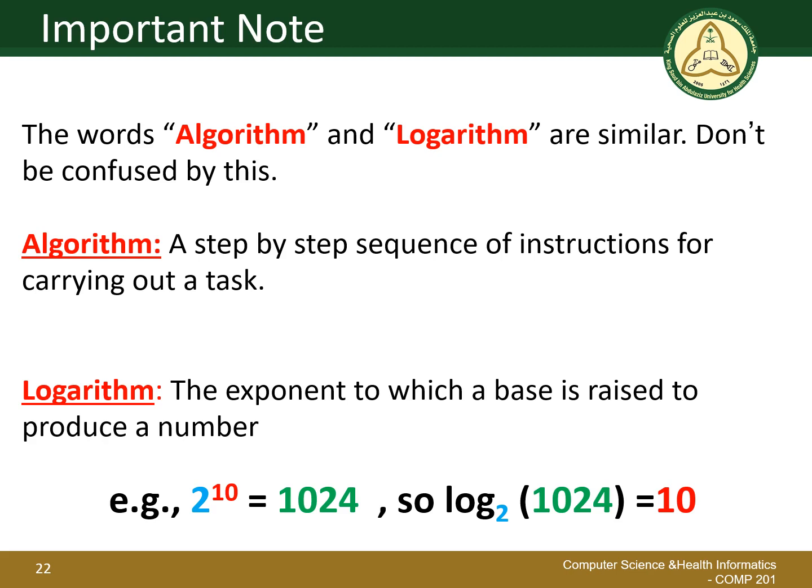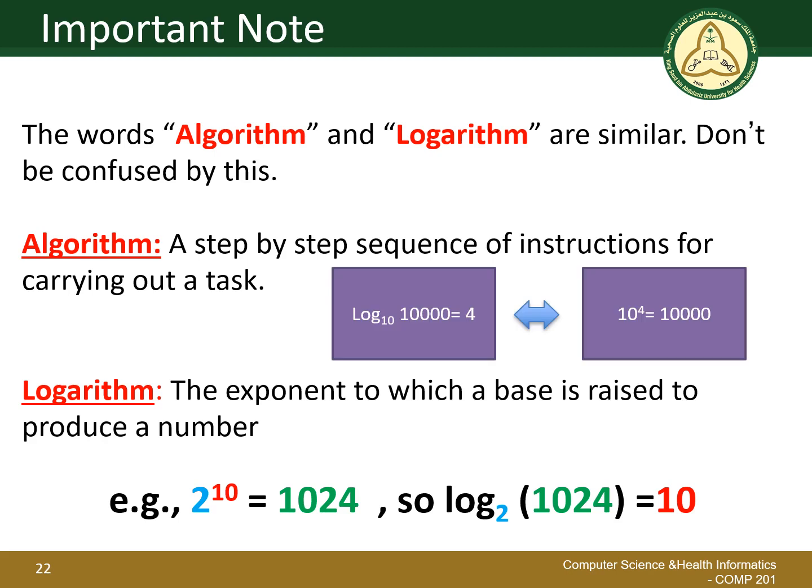Logarithm is the exponent to a base to produce a number. That means the exponent that I raise the base to in order to get a result. log 1024 to base 2 equals 10. Why? Because 10 is the exponent to base 2: 2 to the power of 10 equals 1024. This is the binary system, okay?